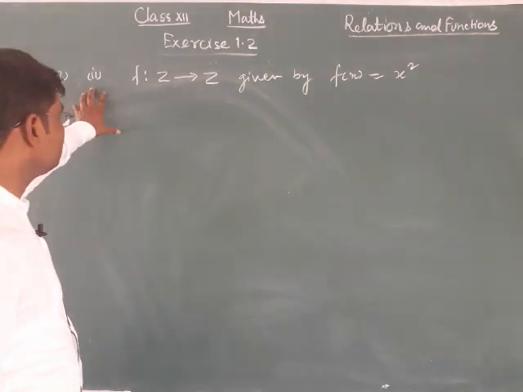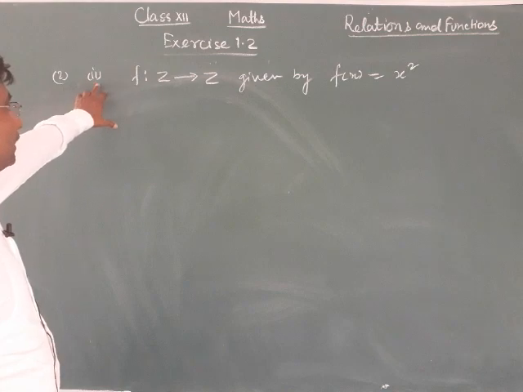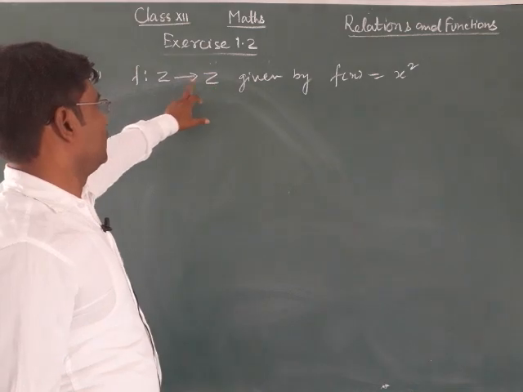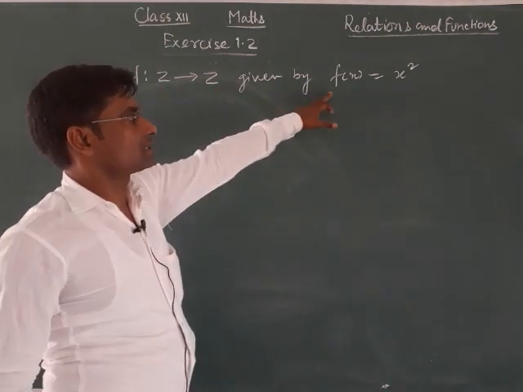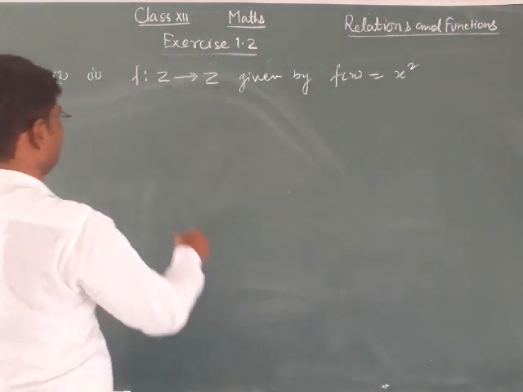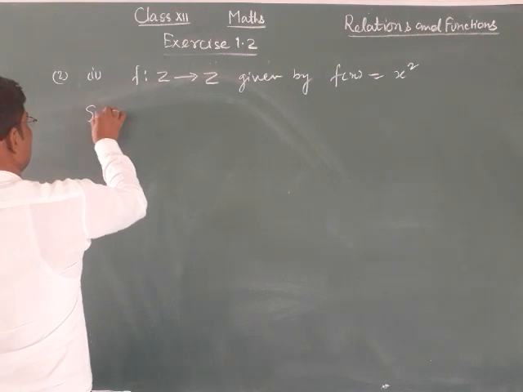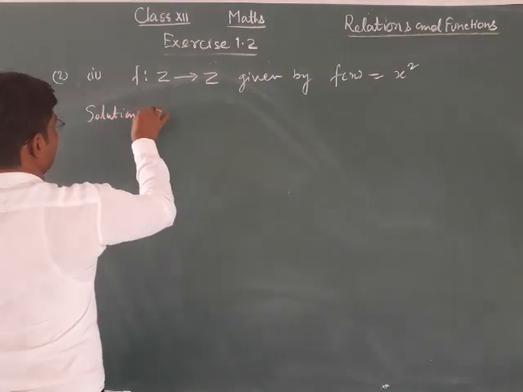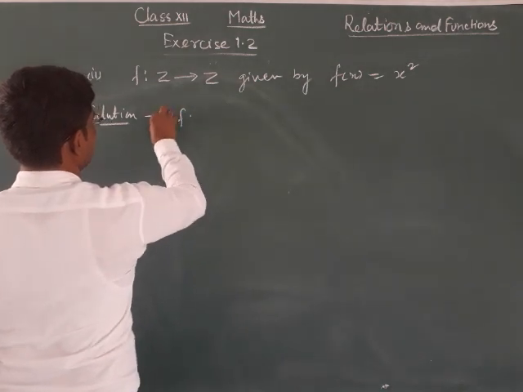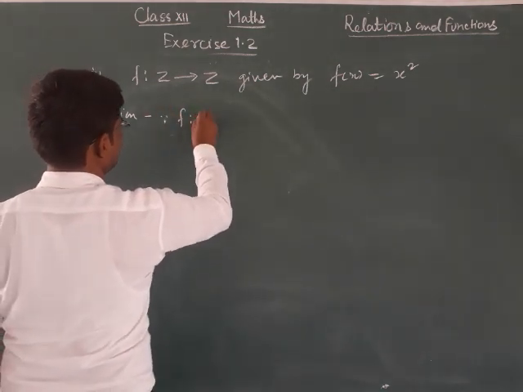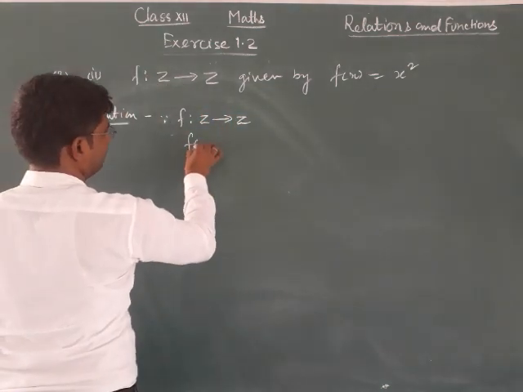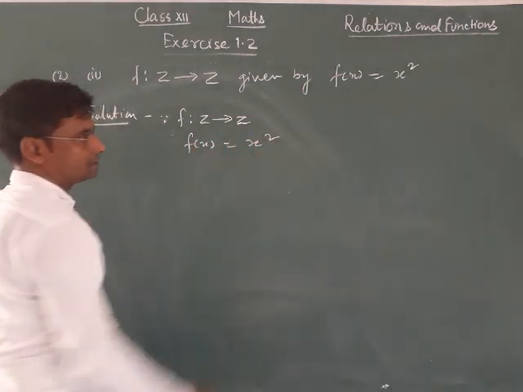Question number 2, part 2. f such that Z to Z, integer to integer, given function f(x) is equal to x square. So solution of this question: given function f such that Z to Z and function f(x) is equal to x square.